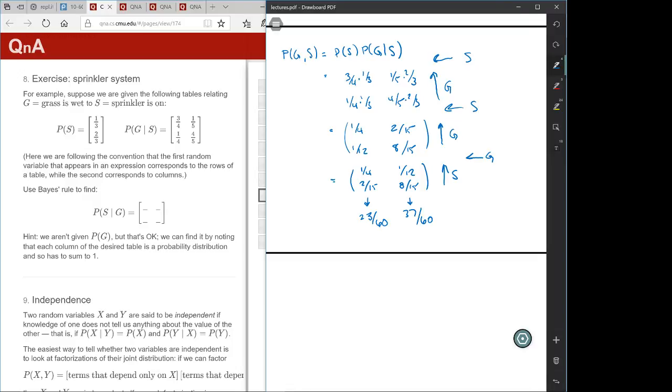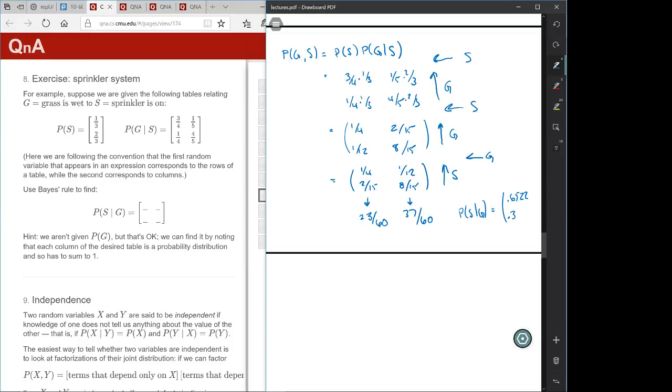And no longer are these very nice numbers, so I just calculated that out in MATLAB, and we get that P of S given G is equal to 0.6522, 0.3478.